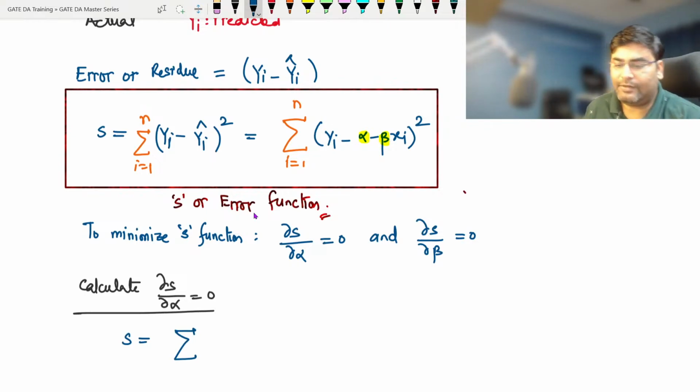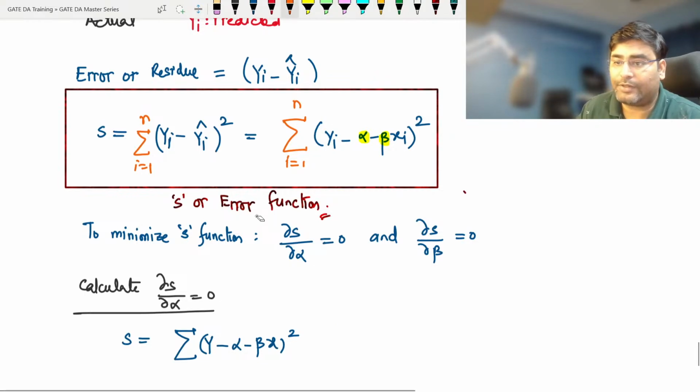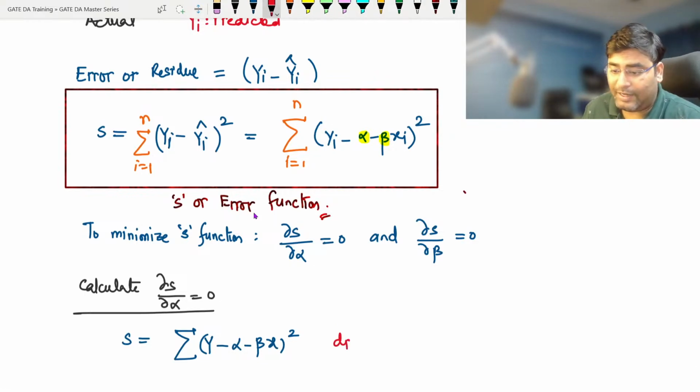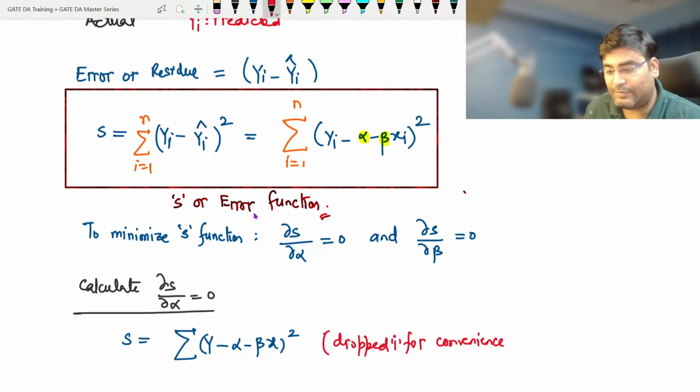It's understood, so be smart. Y minus alpha minus beta x, squared. What is the only change I have done here? I have dropped the i for the sake of convenience. Don't think i is not there. Keep this in your head.